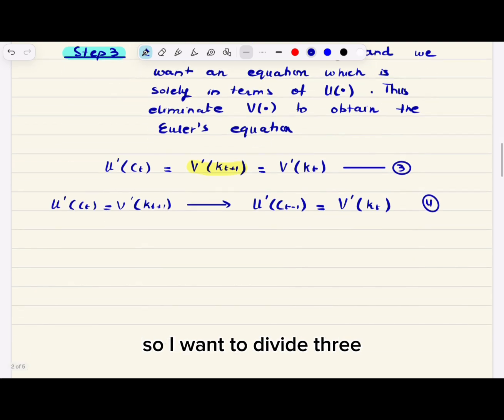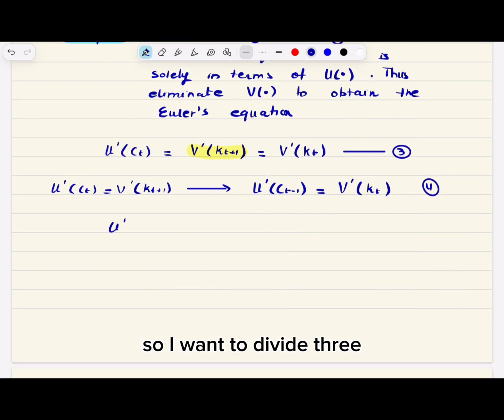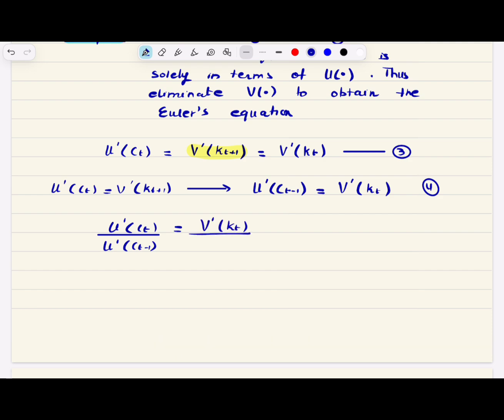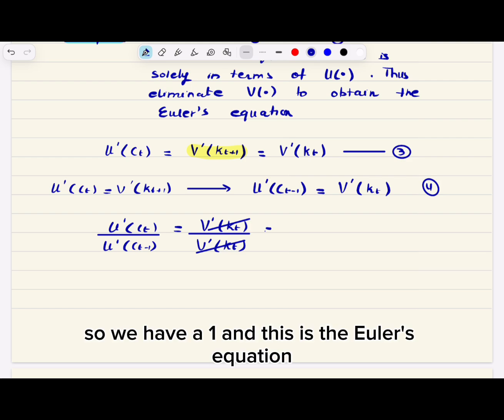So I want to divide 3 by 4. We have the derivative of utility at c t over the derivative at c t minus 1, and this is the value at k t, the derivative at k t, and this cancels out. So we have a 1.